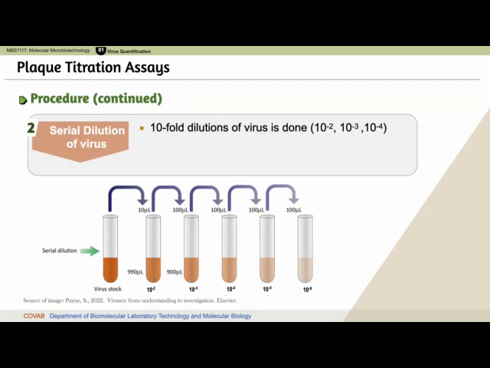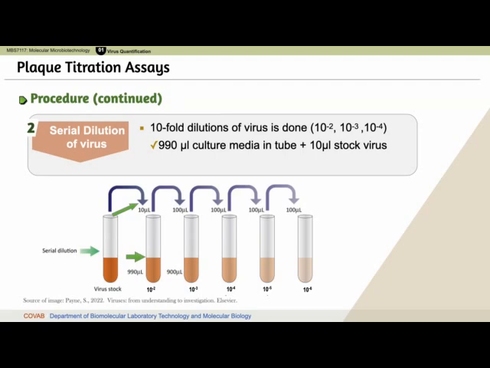We have our stock virus, which is in the first tube in the picture depicted below. With this stock virus, we are going to get an empty tube and fill it with 990 microliters of culture media. Then we are going to get 10 microliters of our stock virus and put it in this tube that has 990 microliters of culture media.